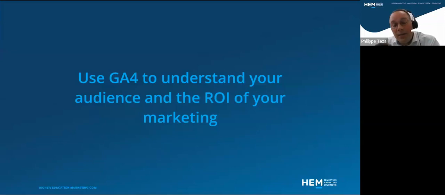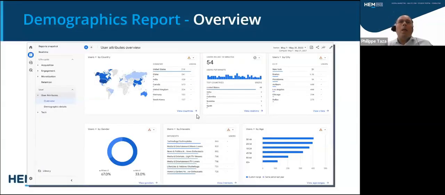Now, the next few slides are about using GA4 to understand your audience and the ROI, or return on investment, of your marketing. This demographics report provides you visibility on, yes, traffic by country, but also there are some interest signals and some age signals provided.